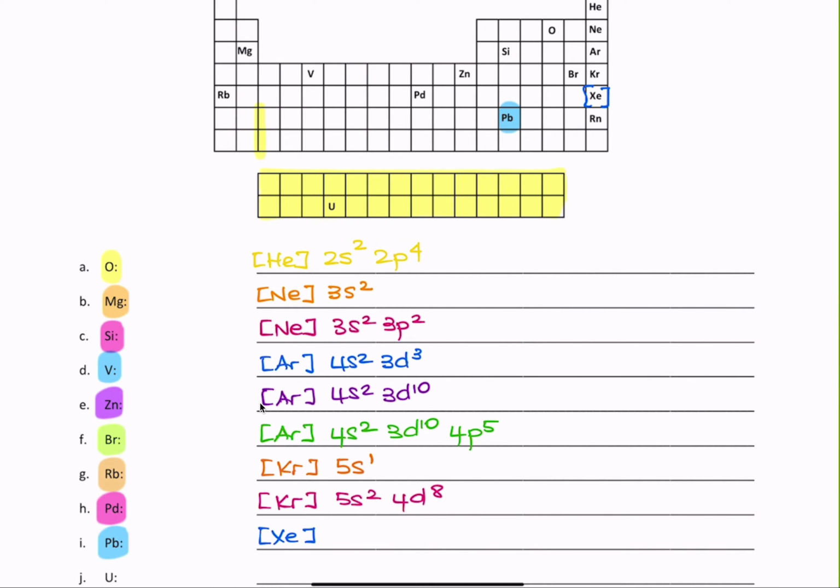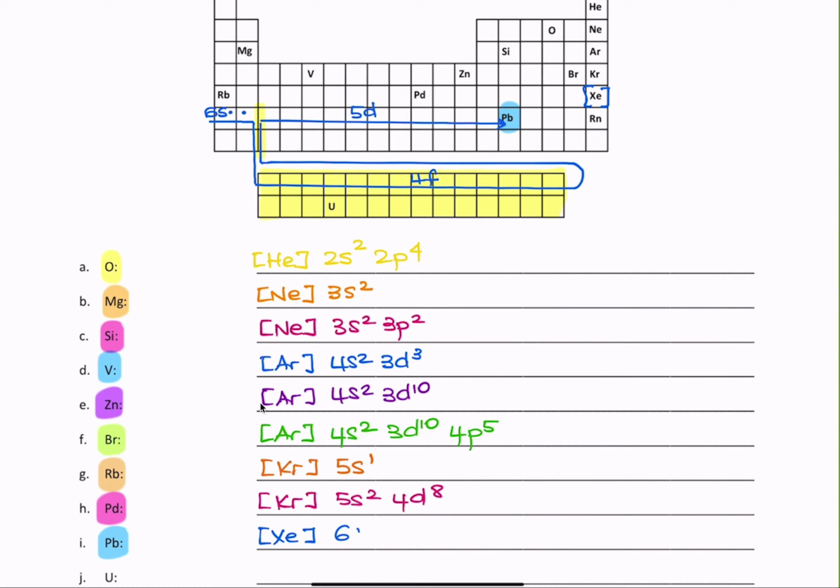Therefore, in order for me to reach lead, I'm going to enter here the 6s, and then I will go down to the 4f before I can return here to the 5d. Again, I enter the 6s, then I go to the 4f before I can enter again the 5d.